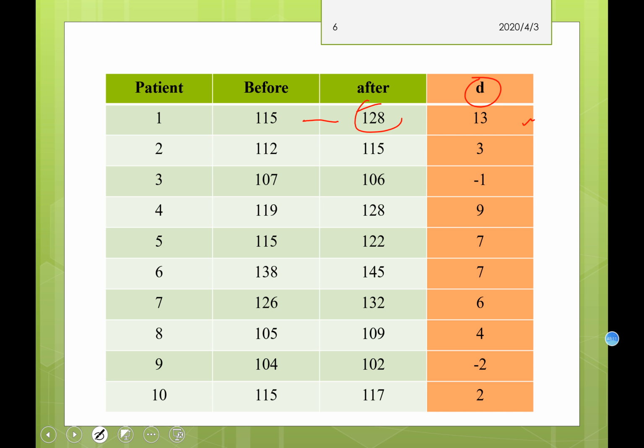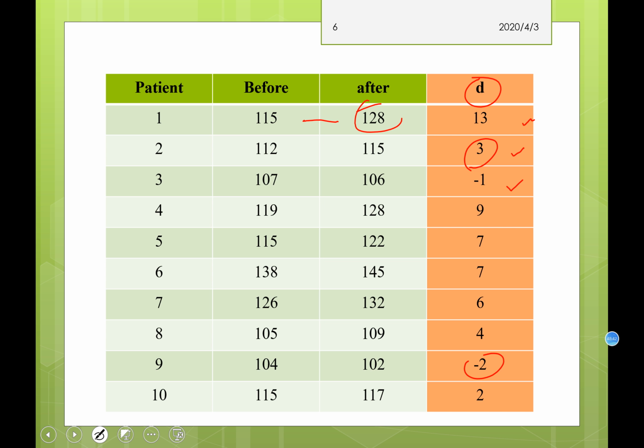So we will find that in these 10 pairs of numbers, we can get 10 difference values, right? But we find that some difference values are positive and some are negative, right? Positive means after is higher than before, and negative means after is lower than before.